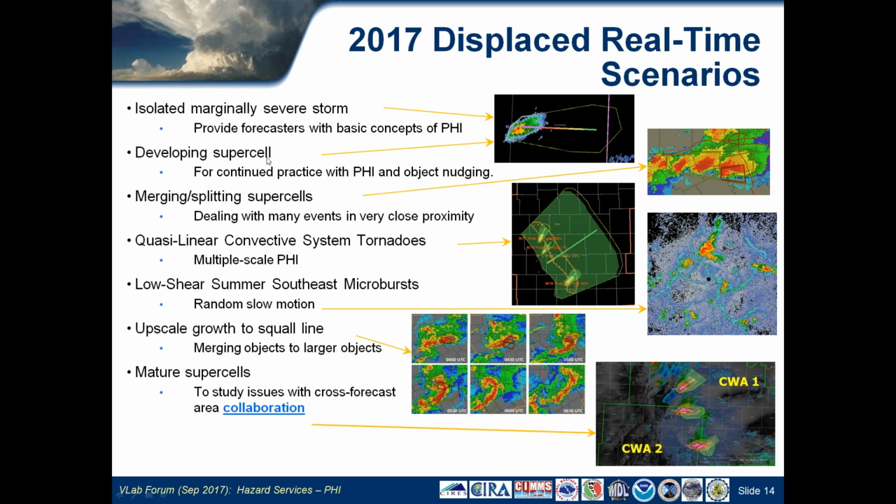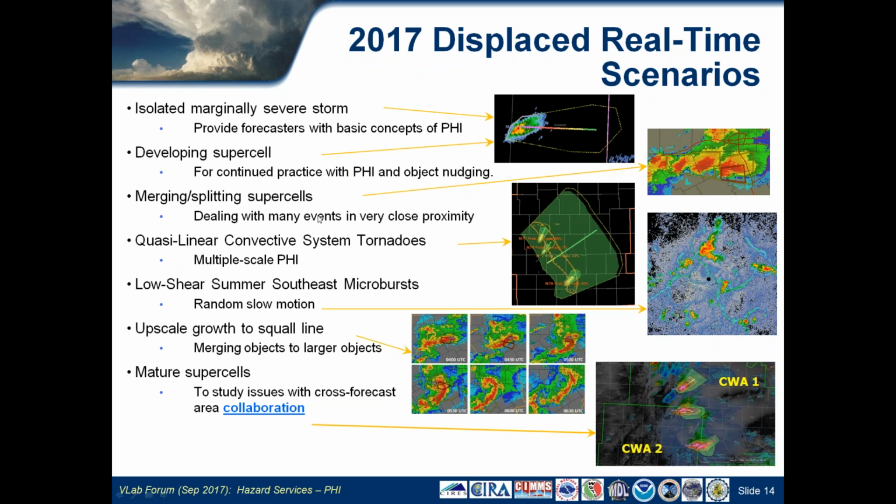And then our next scenario was a developing supercell that turned to the right during the scenario. The concept of PHI is these object-following or storm-following objects. So as the storm starts to turn to the right, the downstream plume also turns with it without us having to put a new polygon to capture the new motion.